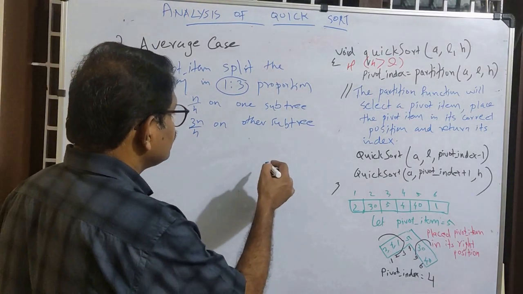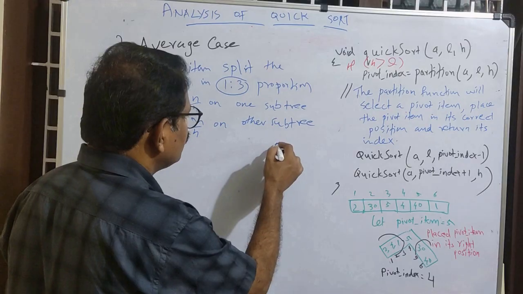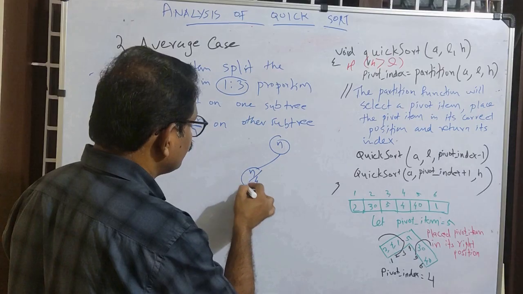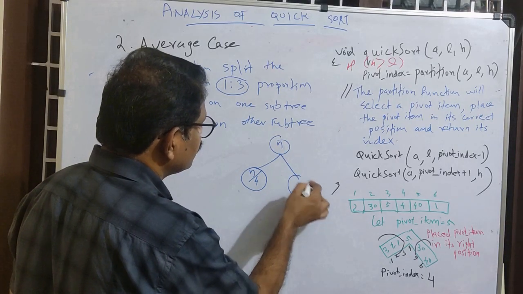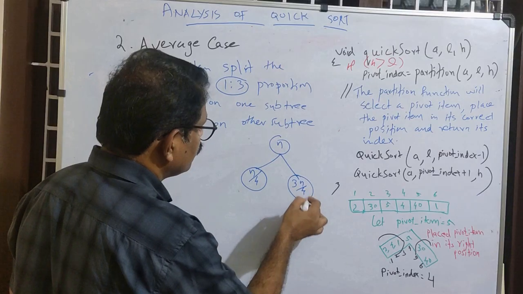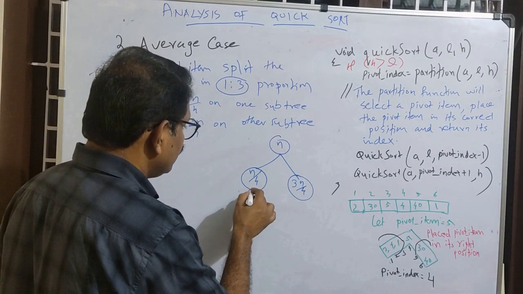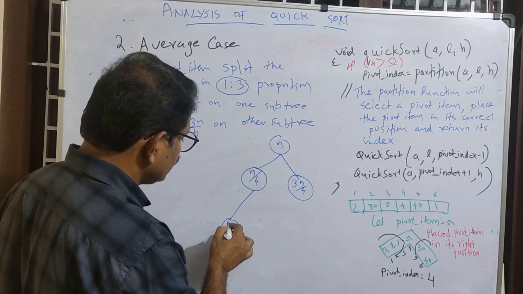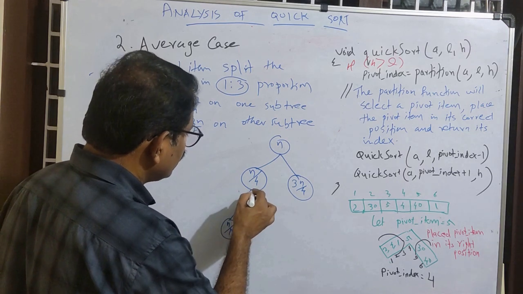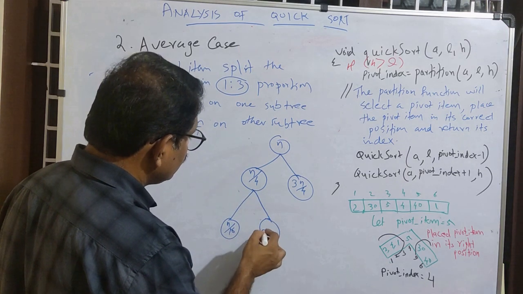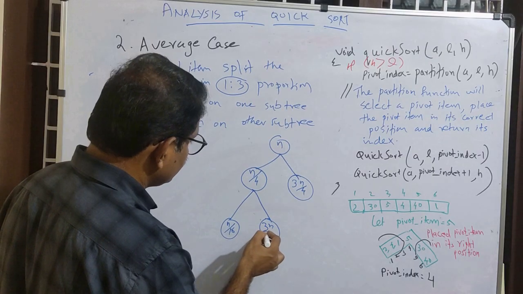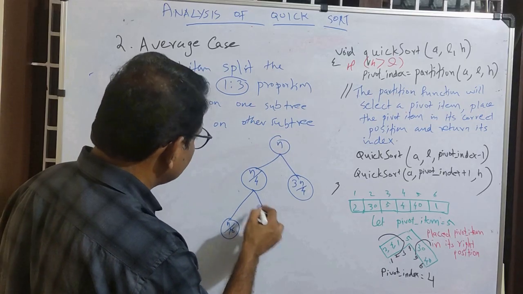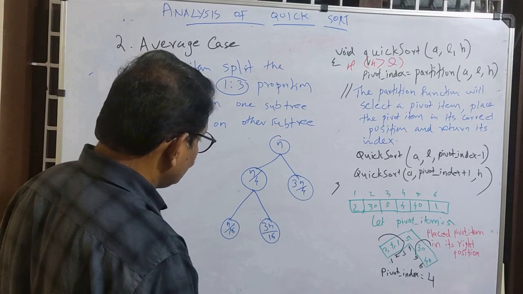Then your tree will be something like this: n, then n by 4 on one subtree and 3n by 4 on the other leg, and 1 by 4th of n by 4, that is n by 16, on one leg, and 3 times of this, 3n by 16, on the other leg.